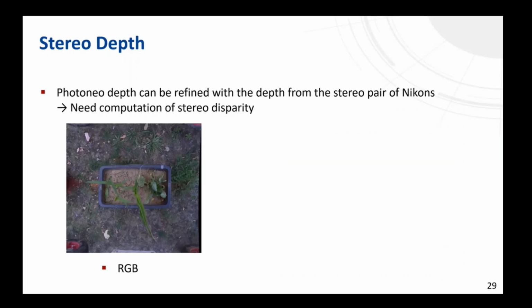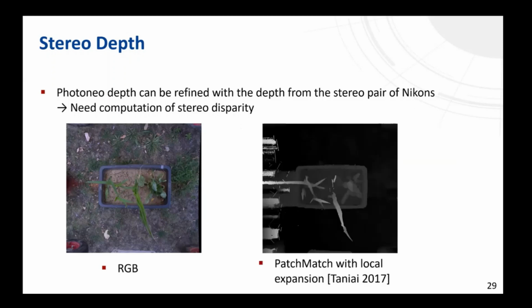Because we had issues with the capturing time of a couple of seconds, we looked closer at stereo methods. So we started just with a single pair of Nikon cameras to see how far we could go with stereo methods.